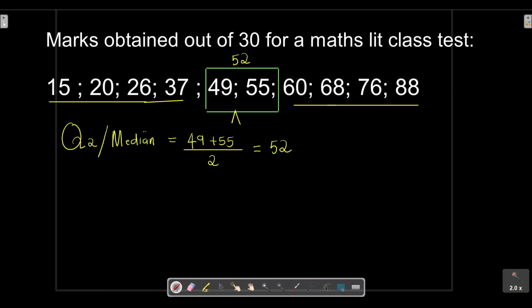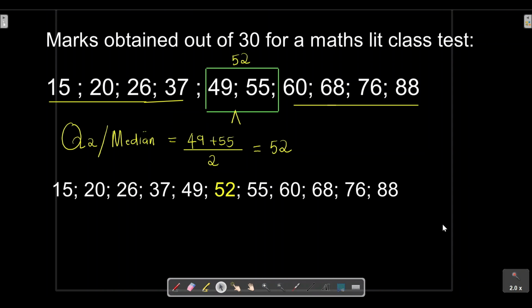So I'm going to rewrite this. This is the data set that we're going to be working with now to help us determine our Q1 as well as our Q3. You mustn't forget that now. This is our Q2.